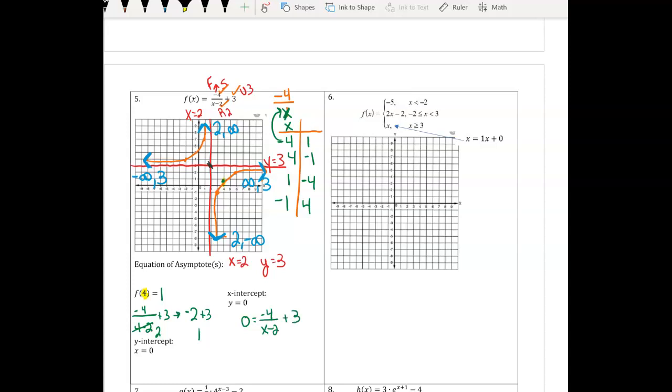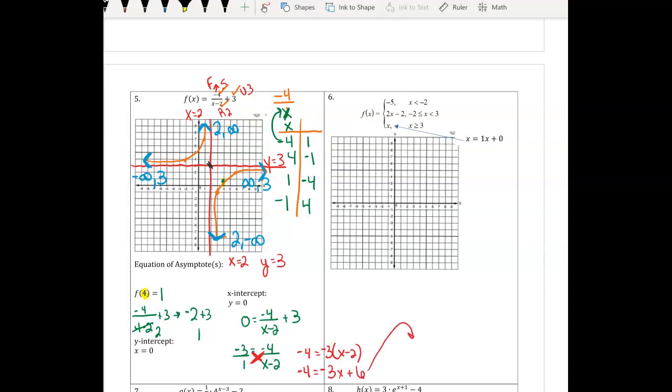And to solve for x, I'm going to subtract the 3 first. And now here, when you have a fraction equaling a fraction, probably the simplest way to do it is cross product. So I get negative 4, and that's going to equal negative 3 times all of x minus 2. So I'm going to distribute first.